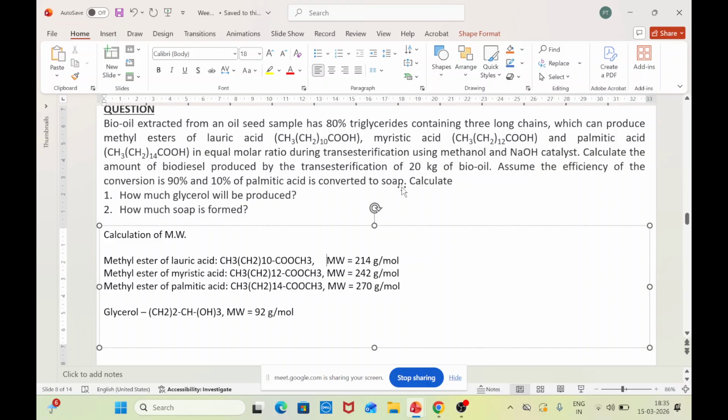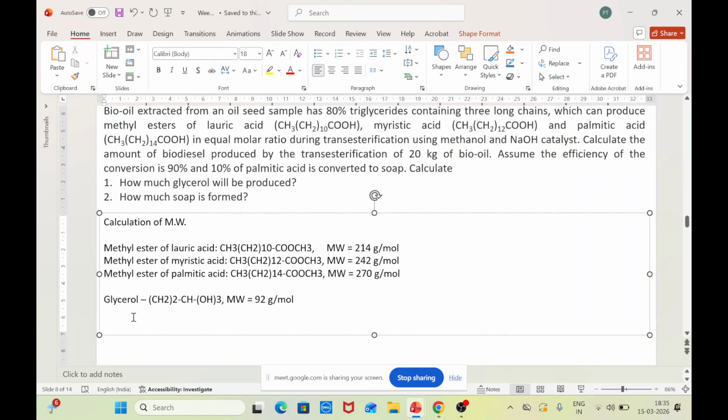So what will be the molecular formula for the bio oil? That also let me give.